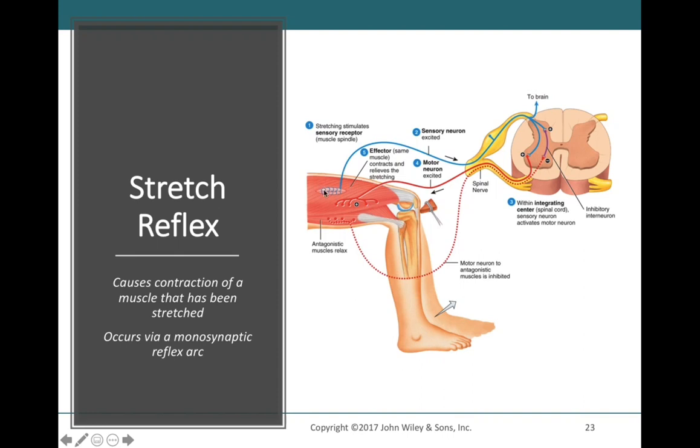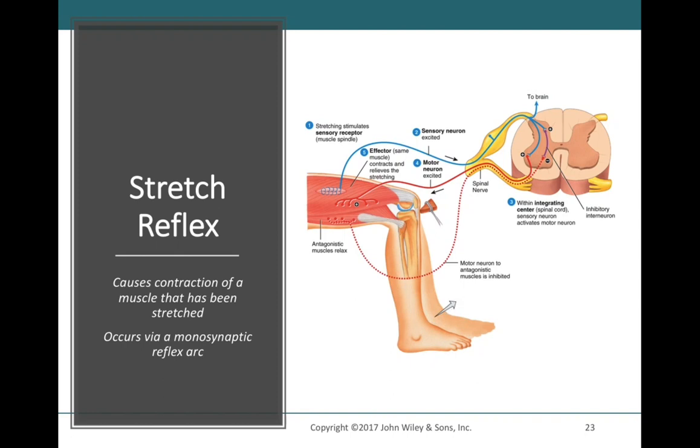And so when this muscle spindle senses stretch, it's going to send a signal into the sensory neuron, and the sensory neuron is going to immediately tell the motor neuron to contract. This is going to excite our motor neuron to cause our quadriceps group to contract. And that's why when we tap on the patellar tendon, that's going to cause our leg to kick out in this direction.